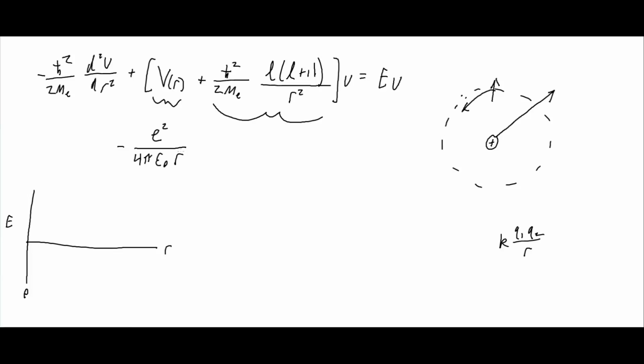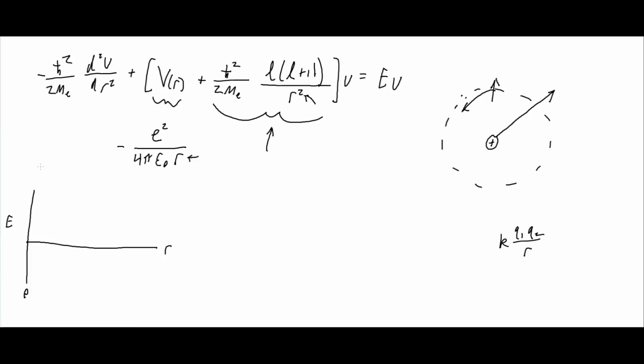When we're really close to zero, close to our proton, close to our nucleus, this R squared is going to start dominating this single R, because a really small number times a really small number gives something extremely small. This is in the denominator, so it's going to make this whole term extremely large, and in fact it's going to blow up towards infinity as we get closer to zero.